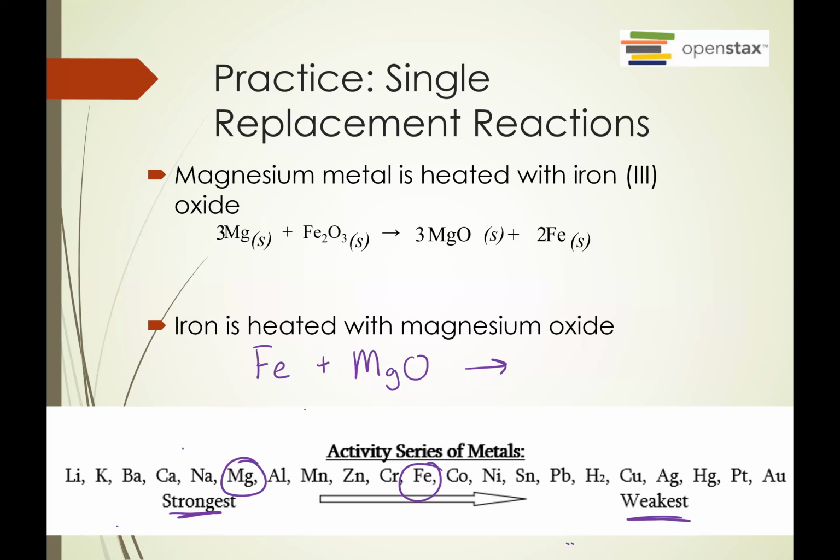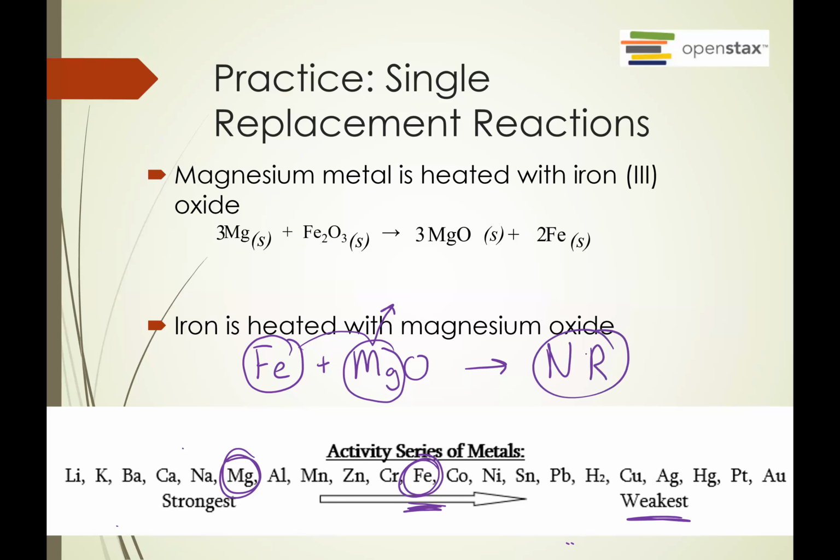So we have to look. This time, the question we're asking is, can iron kick out magnesium? So iron has to be stronger than magnesium. Here's iron. Here's magnesium. Is iron stronger than magnesium? It is not. So our answer is just no reaction.